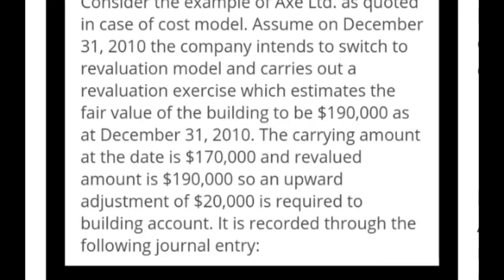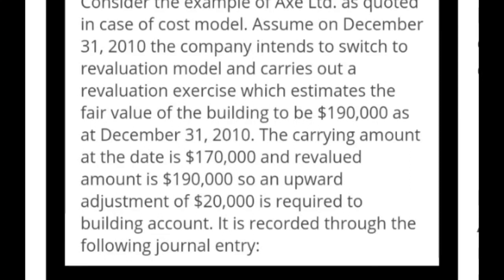Now it has a book value of $170,000, and the fair market value of the asset on the same day, at the end of the third year, is $190,000. Now the fair value is exceeding the current value, or the carrying amount, of the asset by $20,000. Now this is a revaluation surplus upward.